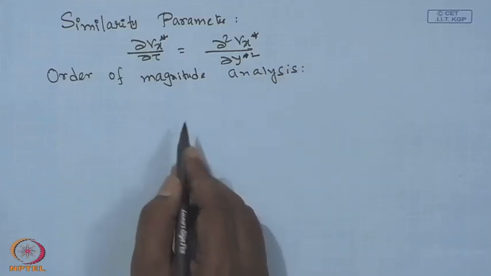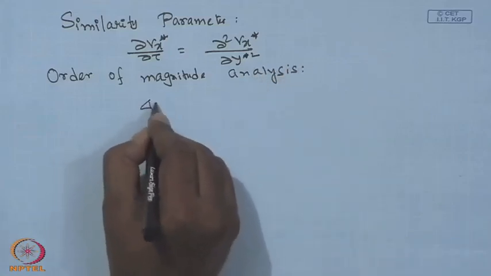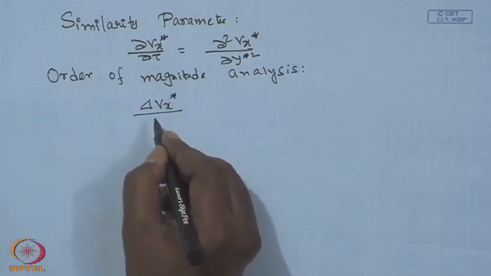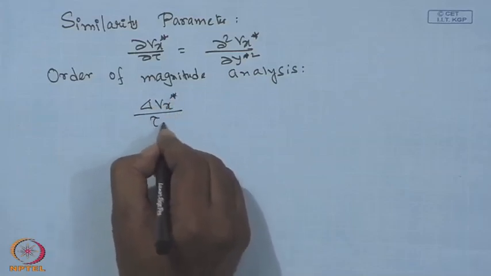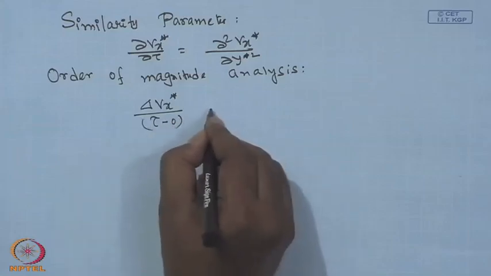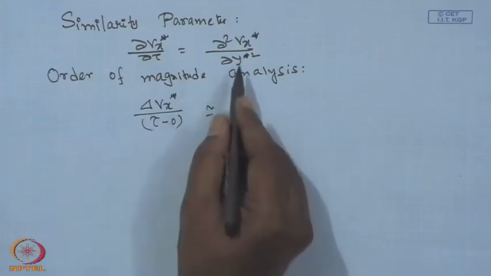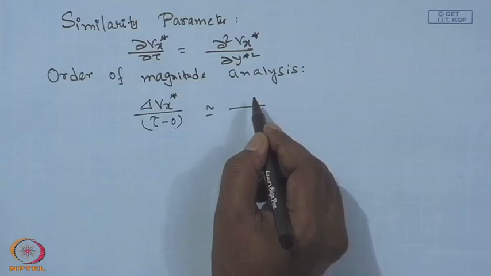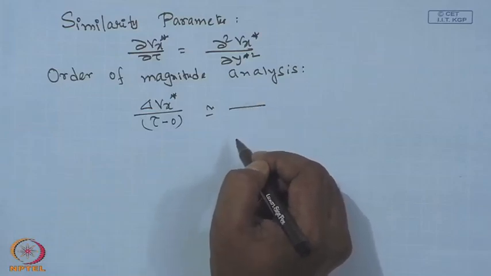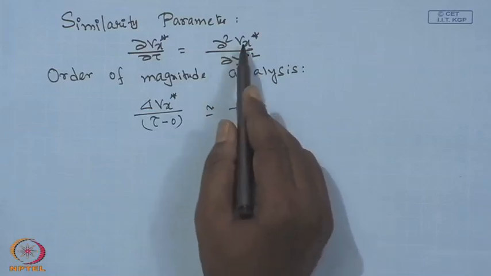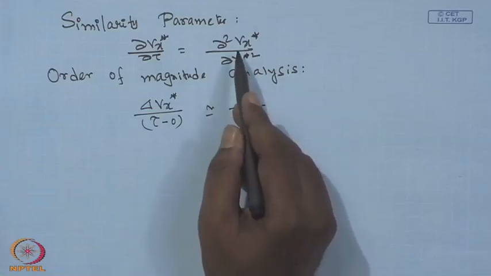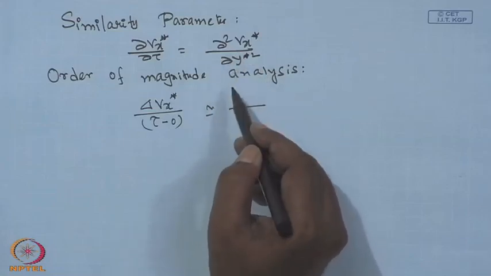Del V x is, let us say, the change delta V x star, and del tau, from time t is equal to 0, the change is tau minus 0, and that will be roughly equal to del square V x. If you remember the numerical methods, del square V x is nothing but a second difference.